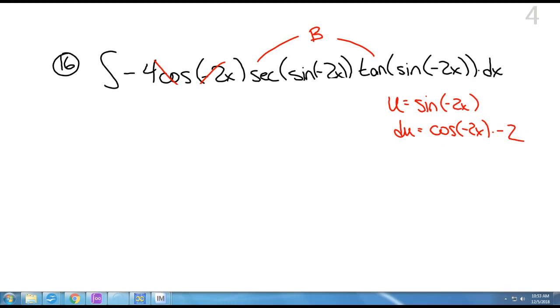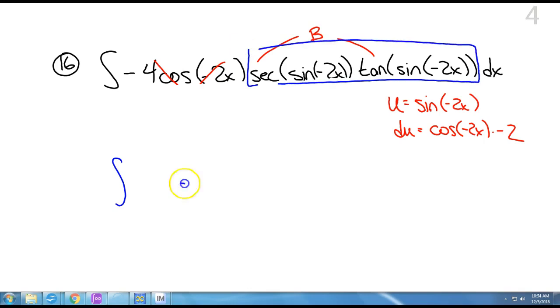So I can start rewriting it already. What I'm going to have for this part of the problem would be sec u tan u. Does that make sense?